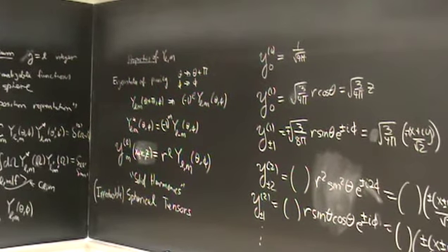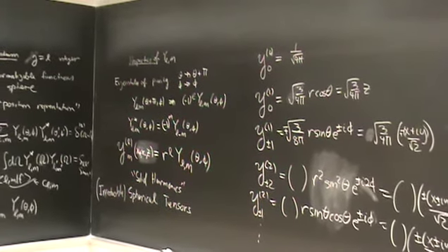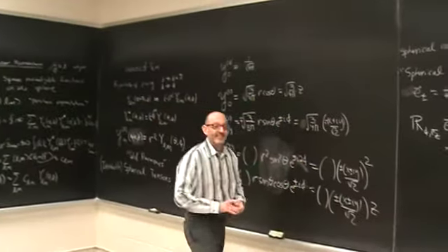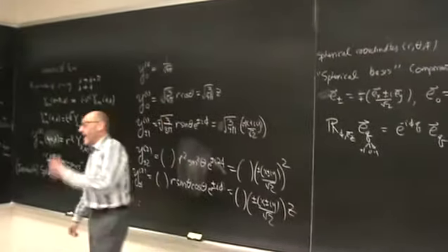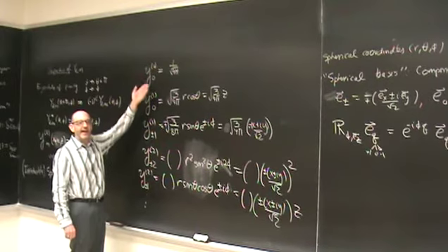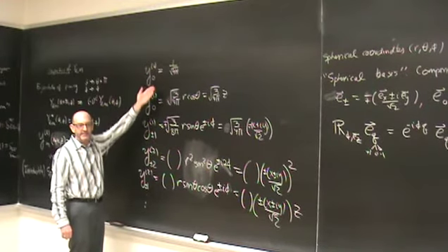Polynomials that can be, in the right way, are eigenstates of rotations about the z-axis. Okay? So, this is just a scalar, so it's an eigenstate of rotation about any axis, just a number.